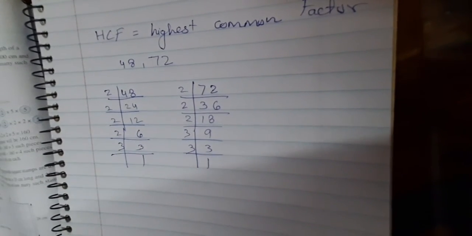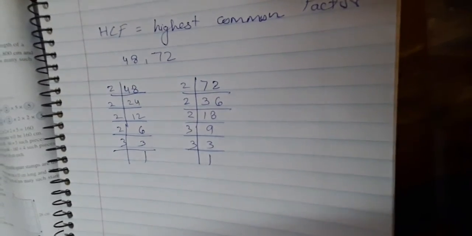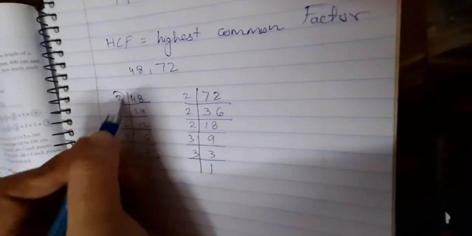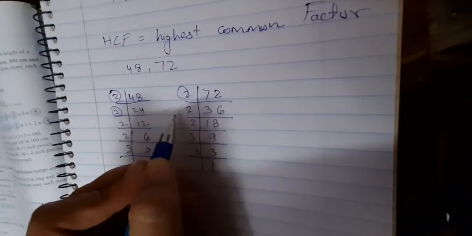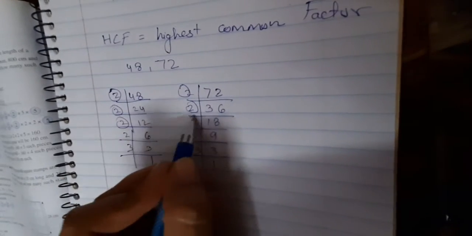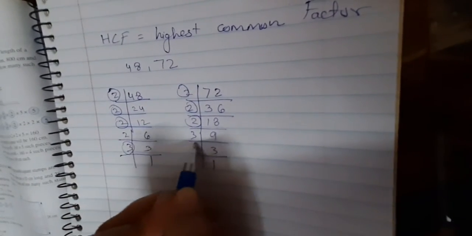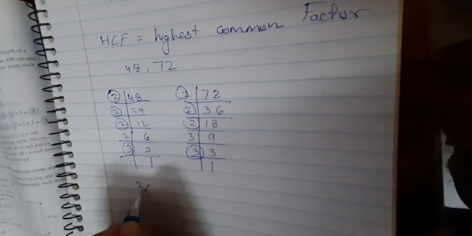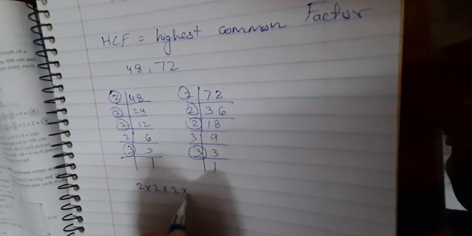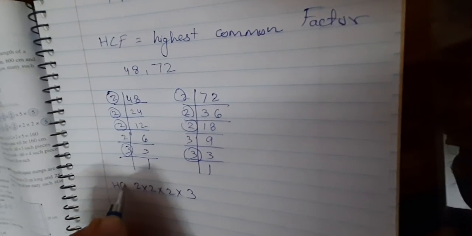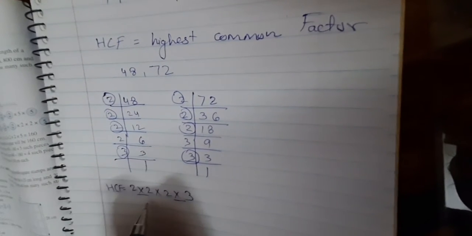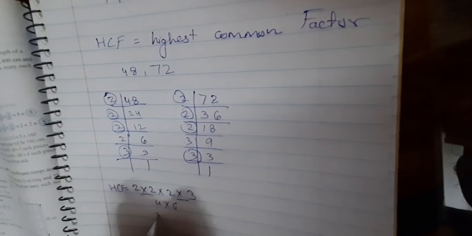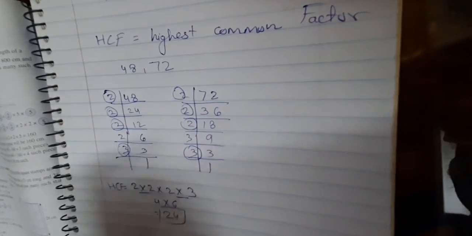Now, which are the common factors here? 2 is common, again 2 is common, again 2 is common, and one time 3 is common. Let us multiply 2 into 2 into 2 into 3. So our HCF is 4 into 6, that is 24.